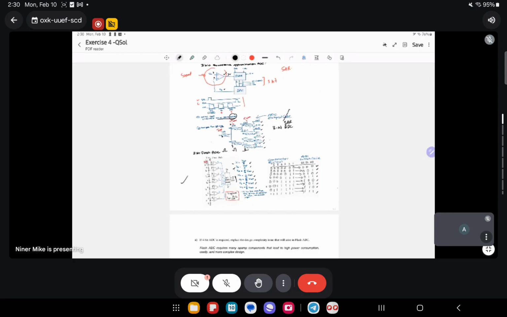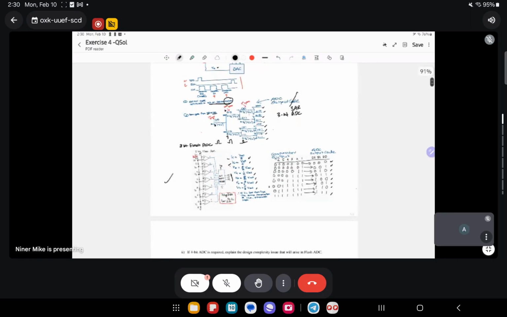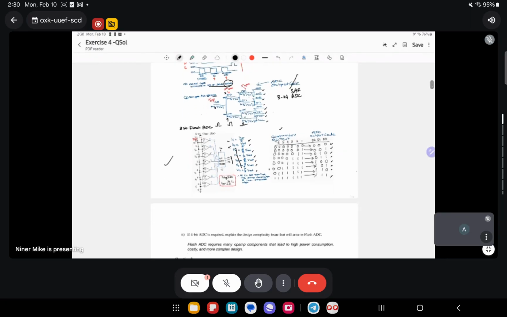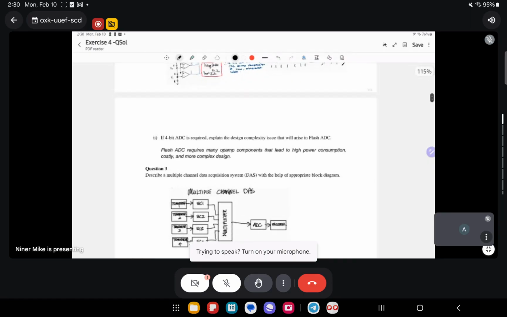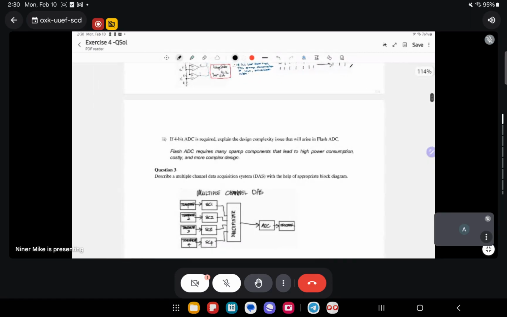Somehow this flash also can be cheap because it's only comparators, right? But if we are talking about wanting higher resolution and more accuracy, what do you think this flash will require? It will require a lot of components, right? So this one will get more expensive then. Okay, so enough of that. Just for thinking. Probably the question will ask you about that, so you can think of anything. It's logic to explain on that.